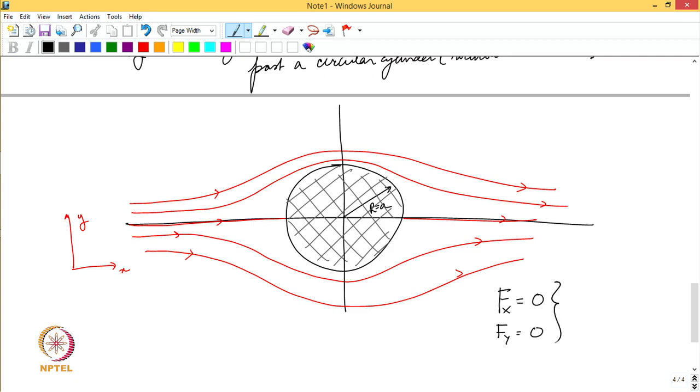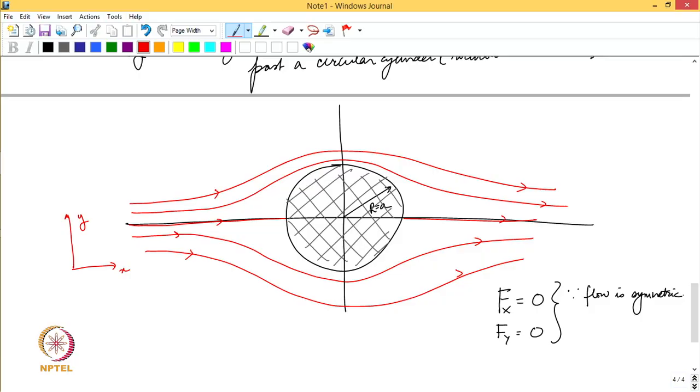This happens because the flow is symmetric about both the x and y axes. If you were looking from the x equal to 0 axis, the vertical line, on either side you will see the same flow pattern, and from the y equal to 0 line it would again be the same, a mirror image.